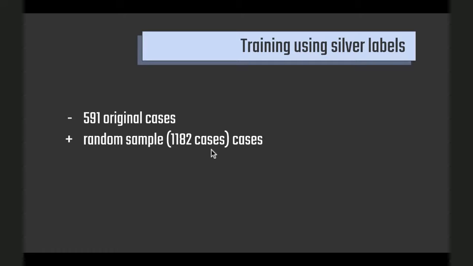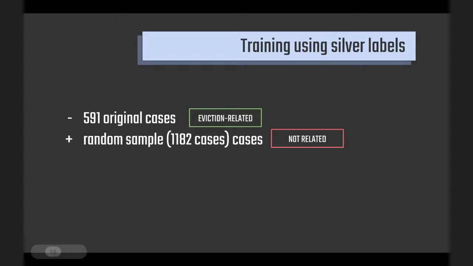This is called silver labels. We know that they're not perfect. Those would be golden labels, but we made an assumption that the majority of them will be non-eviction. So now we have a data set with 591 eviction-related cases and over 1,000 cases not related. Then we trained a machine learning model using cross-validation. What does it mean?